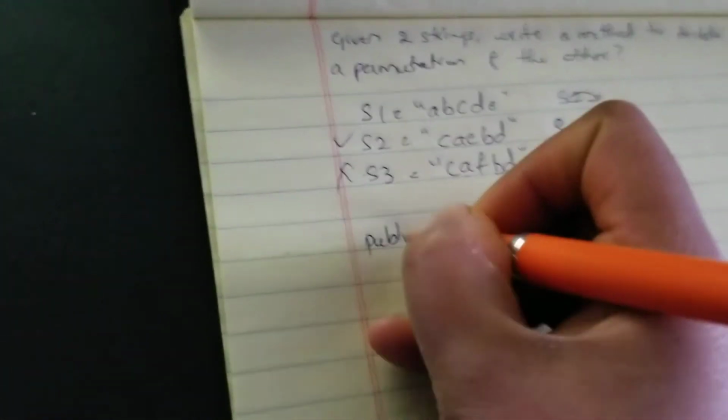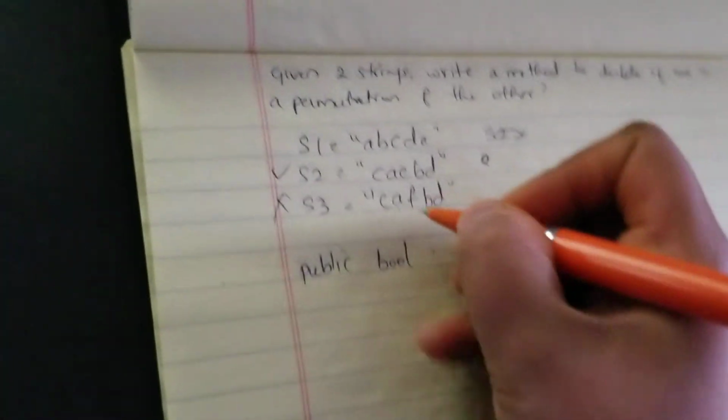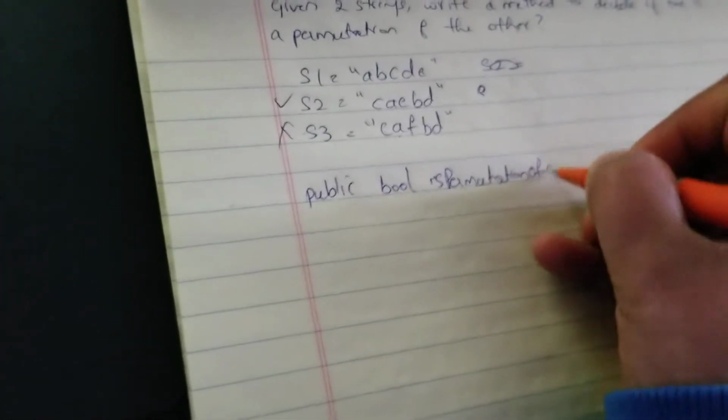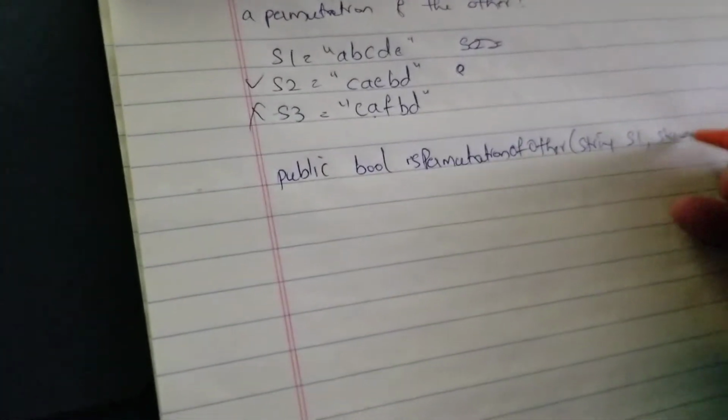I will have a class. I'll just write the method that will be called from the main function, passing string 1 and string 2 as shown in the example. I'll say string s1 and string s2 that I have passed.